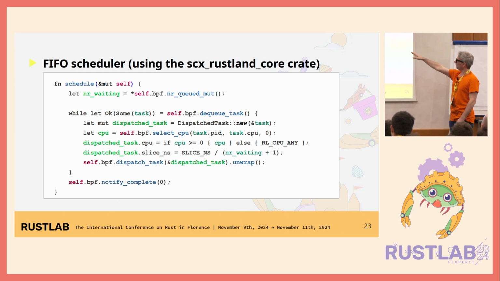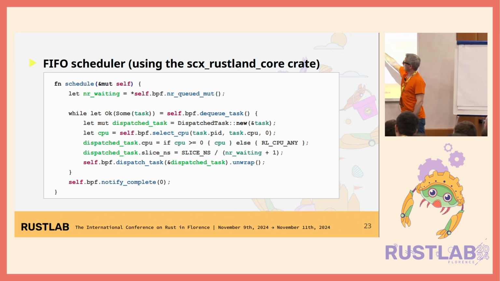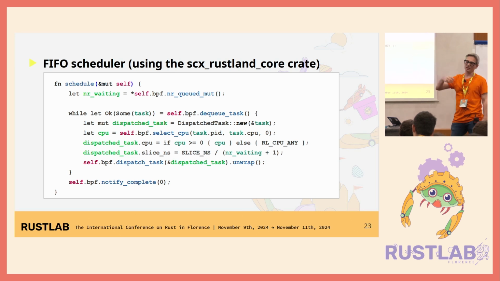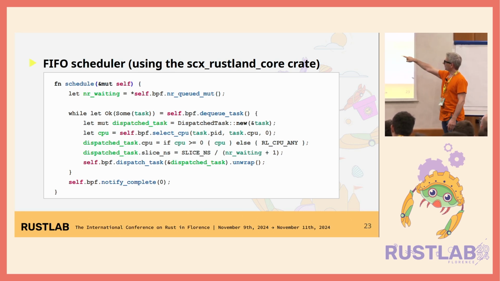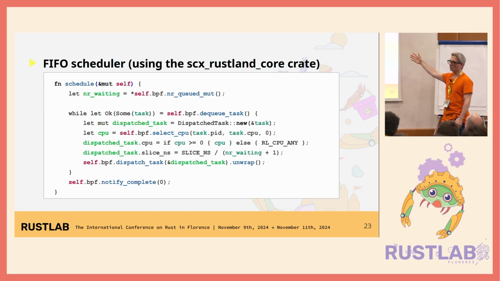But you see it's really difficult. It's really simple, it's not difficult at all, I wanted to say. You have a main loop. You call the dequeue task to accept the tasks that want to run. And then you create a dispatch task, select a CPU for the task, and choose for how long it needs to run with the slice nanoseconds.